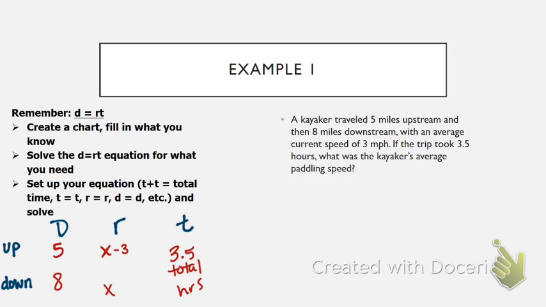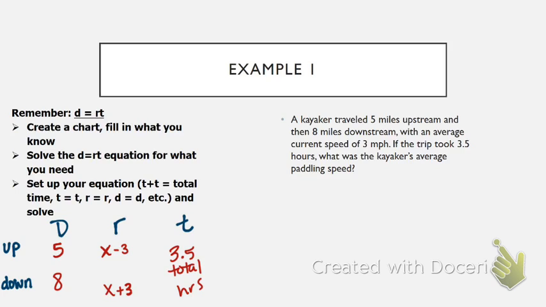Going downstream, we're going faster, x plus 3. I know this may be a little confusing, but when we're going upstream, we're being slowed by the current at 3 miles an hour. When we're going downstream, the current is pushing us forward, so it's adding 3 to our speed if we're kayaking the same speed the whole time.